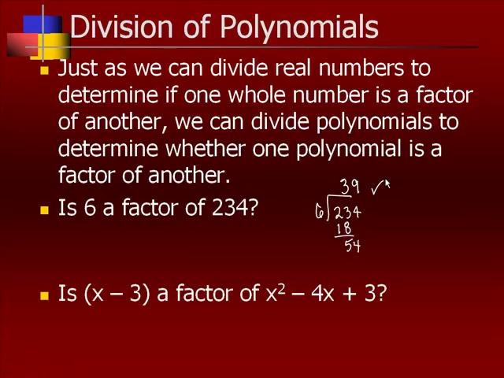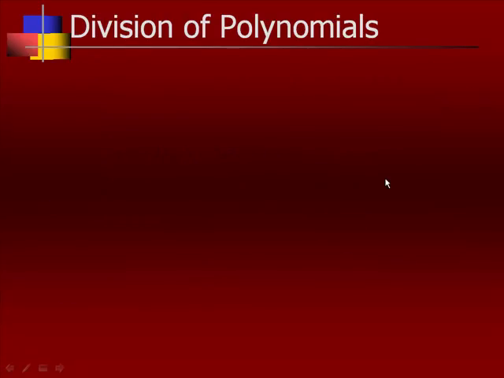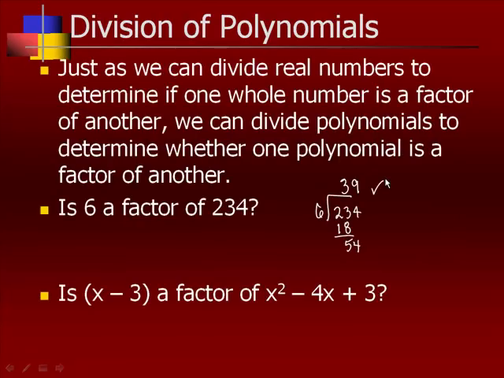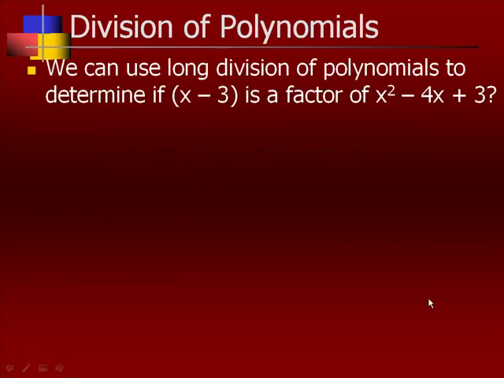Now, is x minus 3 a factor of x squared minus 4x plus 3? Well, we're going to divide that to see, and if we get a remainder of 0, then we know it's a factor. Now, let's go on over to the next screen.